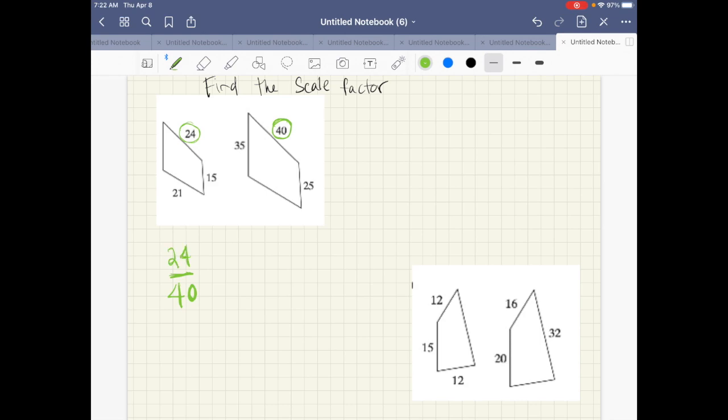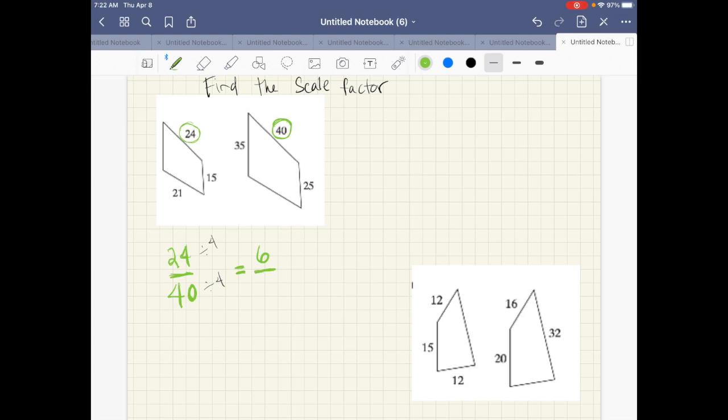And then all we have to do is reduce this now, reduce it down. So I see that both of these are divisible by 4. So I'm going to divide them both by 4. And we would get 24 divided by 4 is 6.